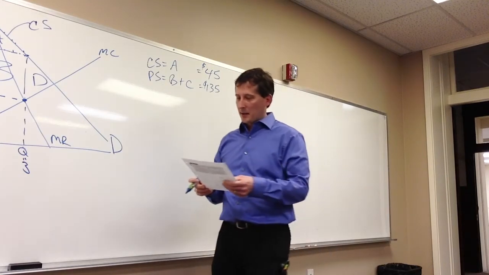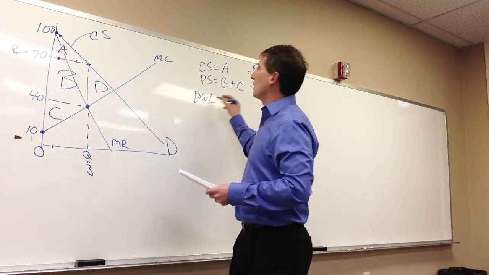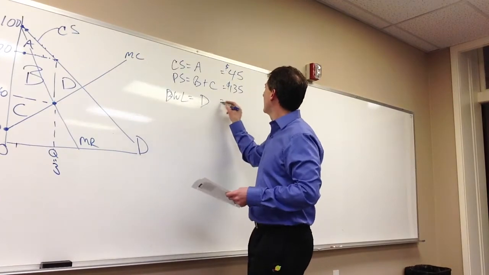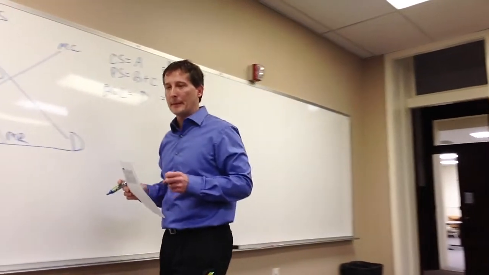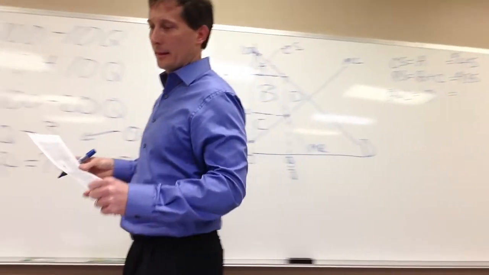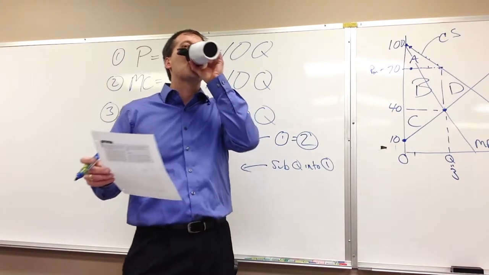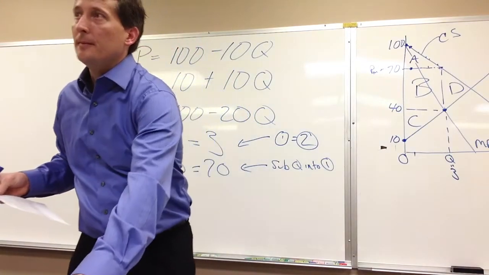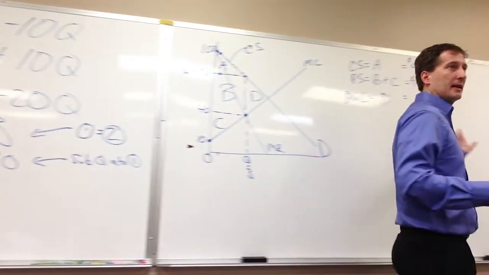Okay, and then what do we got? Deadweight loss equals area D. What'd you get on that one? How much? 45. Everybody get that?